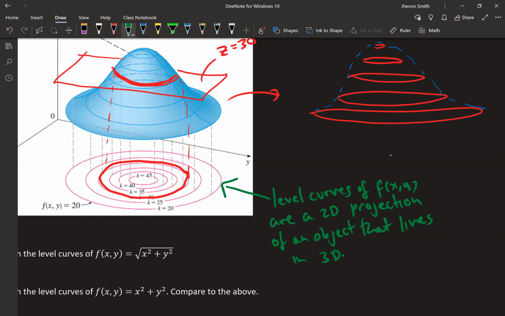Now, level curves are really nice because they allow you to have some concept of what's going on in 3 dimensions by looking at something in 2 dimensions. So yes, in real life, in the 3-dimensional world, there's this mountain. However, we can represent that mountain on a piece of paper by just doing level curves, which is, in our case, a contour map or a topographical map.